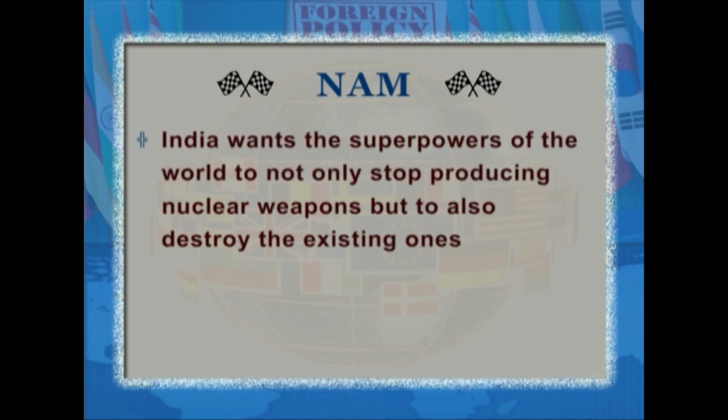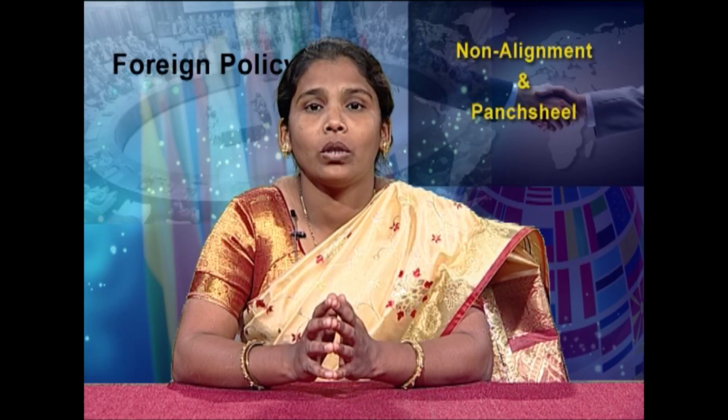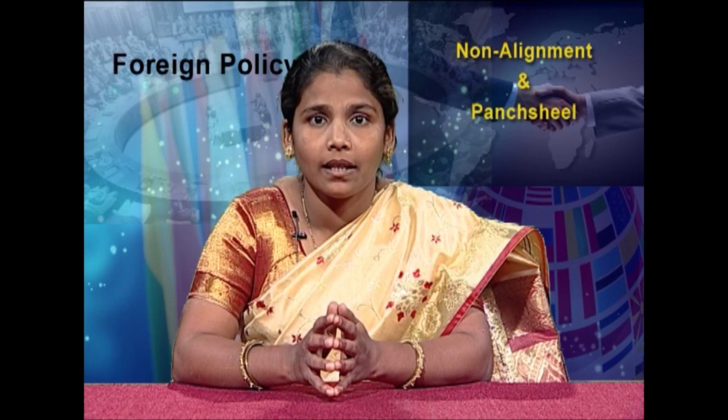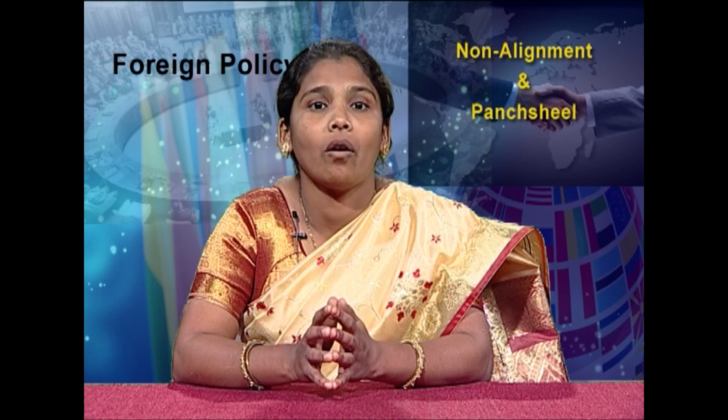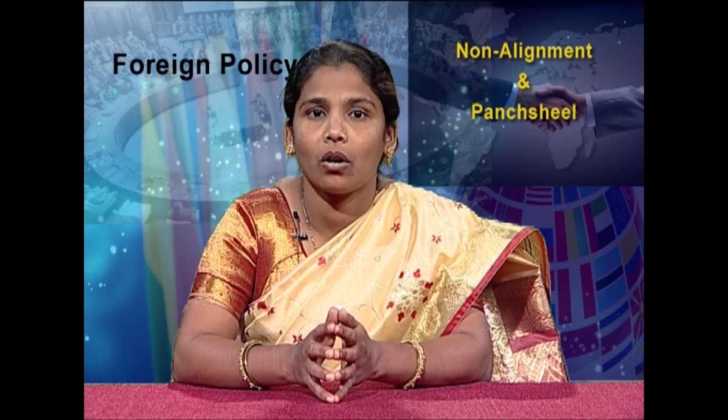India wants the superpowers of the world to not only stop producing nuclear weapons, but to also destroy the existing ones. Further, China should also be brought to the negotiating table and there should be significant reduction in the defense budgets of the five permanent members of the Security Council.